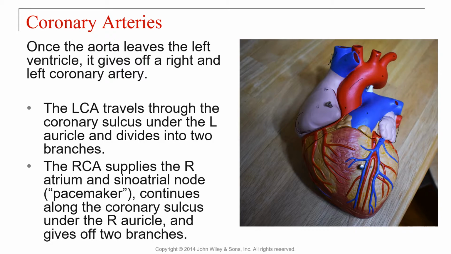This is going to be your aorta, and this is going to be your pulmonary trunk. Remember, the pulmonary trunk is usually a little bit anterior when you compare the base to that of the aorta. So pulmonary trunk, aorta, superior vena cava, and you can't see the inferior vena cava from this perspective.